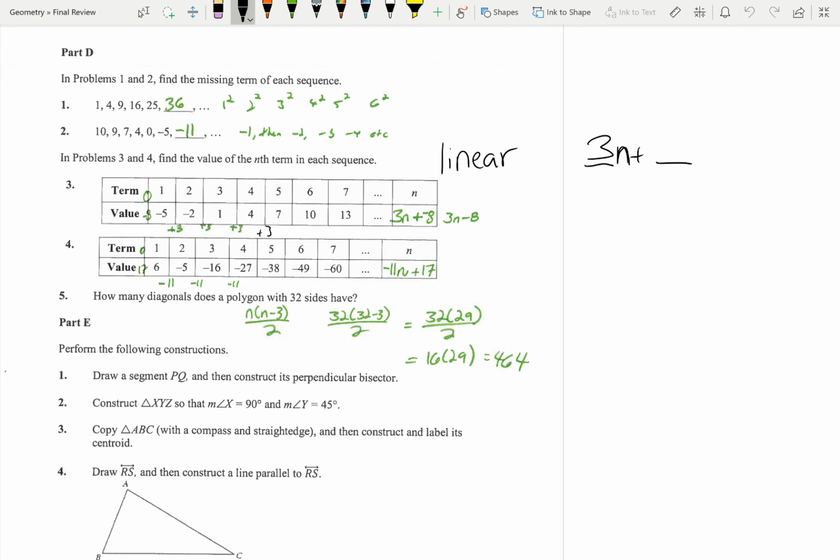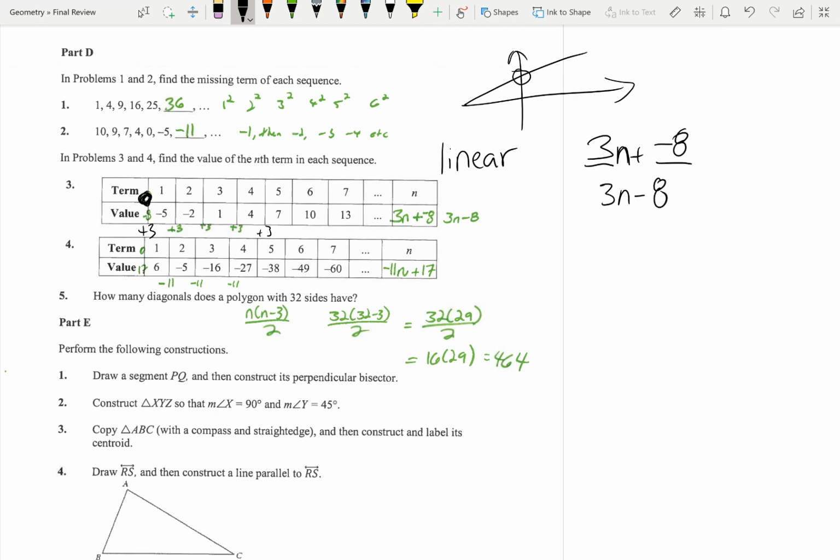Now, it looks initially like the starting value is minus 5, but if you think back to linear equations, where these are your x, y axes, the starting value is where it hits the y-axis. That's the y-intercept. And that's where x is 0. So we need to go back to term 0 and find what that is. And because we're going up by 3, that would go back to minus 8. So plus a minus 8, which is the same thing as 3n minus 8.